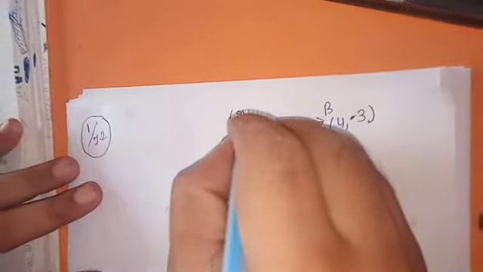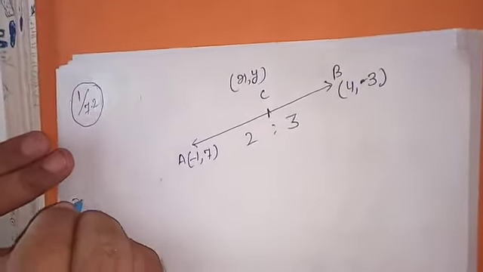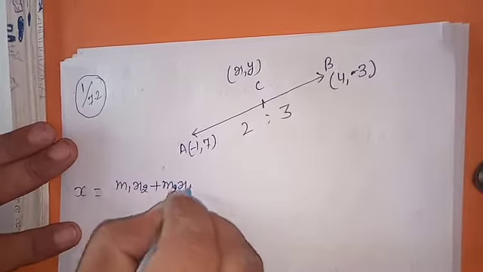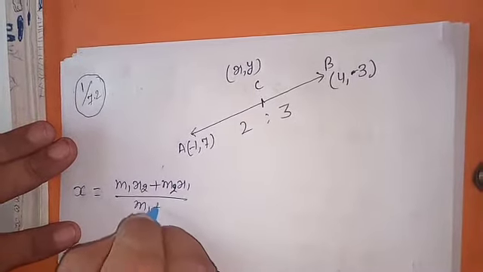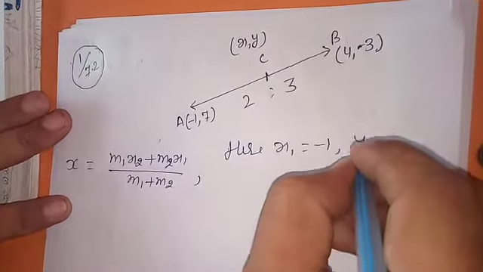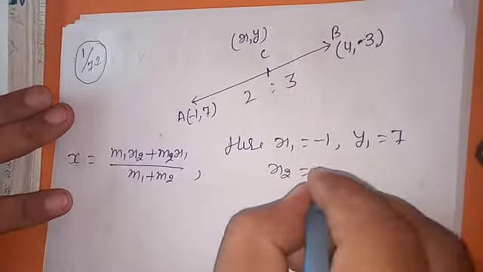Let its coordinates be x and y. So what's the value of x? As you know, the formula is (m1 x2 plus m2 x1) by (m1 plus m2). Here x1 is -1, y1 is 7, x2 is 4, y2 is -3, m1 is 2, m2 is 3.